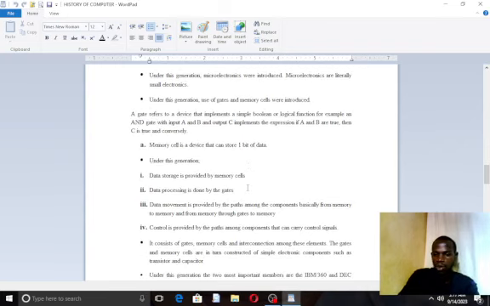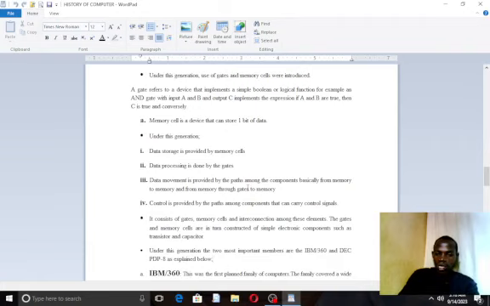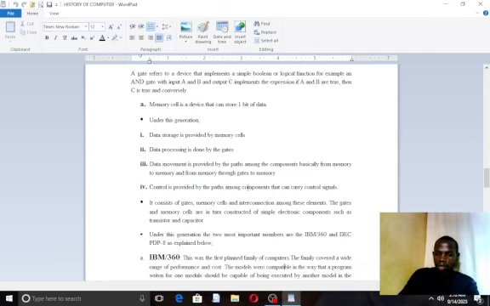And control is provided by the paths among components that can carry control signals. It consists of gates, memory cells, and interconnections among these elements. These gates and memory cells are in turn constructed of simple electronic components such as transistors and capacitors.